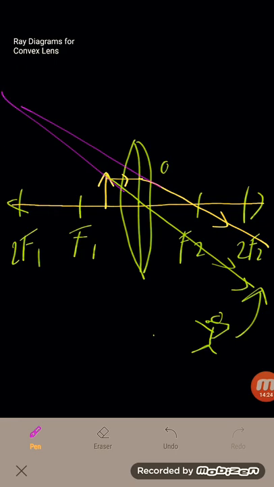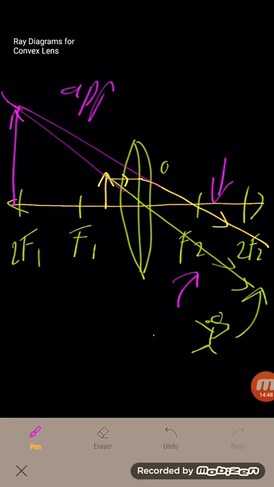Okay, we'll extend these lines, they'll meet somewhere. Yup, right? So what type of image did we just get here? Are these lines actually meeting somewhere? No, right? They appear to meet somewhere, right? They appear to meet.